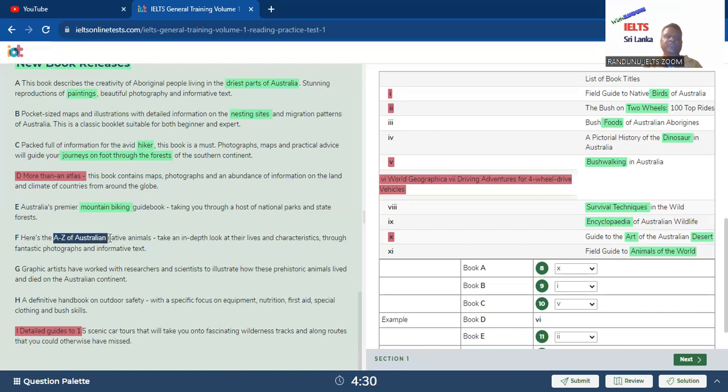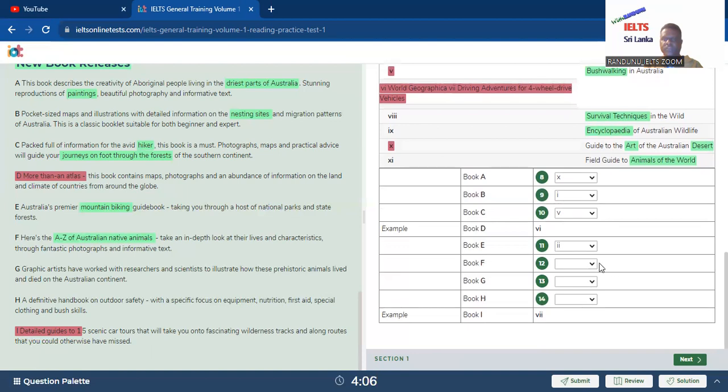It is the idiom way to say, we will say A to Z, that means everything. Tell me everything, tell me A to Z, right? So encyclopedia. F is 9, right? Next one, G.